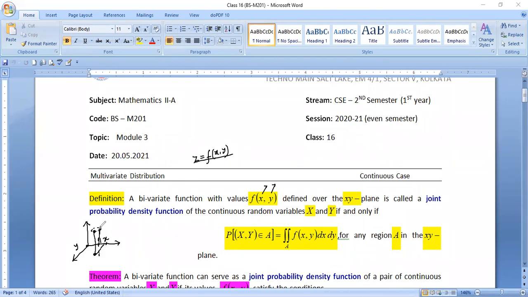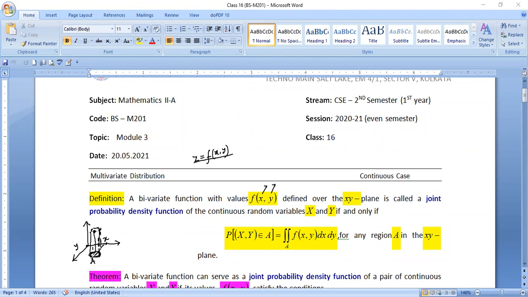If I get this type of values by putting different sets of pairs in this coordinate plane, then the base of this particular structure which has been erected is denoted by capital A. That is, this is the bounded region in which the variables x and y are taking the values, and with respect to that I'm getting several values for the function f(x,y).